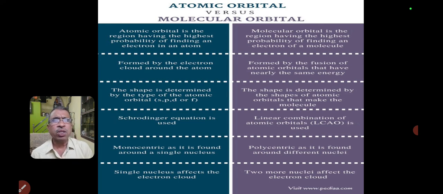An atomic orbital is the region having the highest probability of finding an electron in an atom. A molecular orbital is the region having the highest probability of finding an electron in a molecule. Like this, there are many comparisons given in this slide. Please go through this.